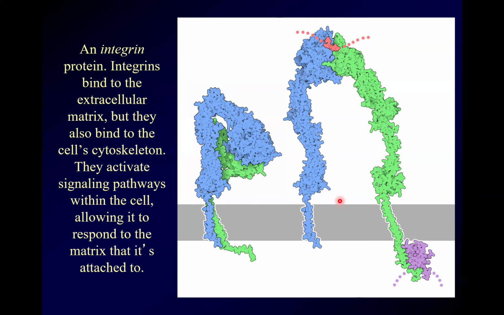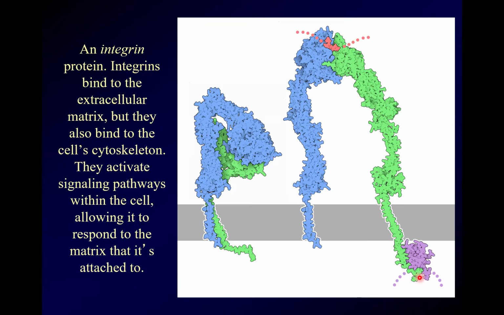And these integrins activate signal pathways within the cell. So this part that's sticking inside will change shape, and it might be attached to the cell's cytoskeleton. And that shape change might cause the cell to start moving in a particular direction. That change might trigger the release of cyclic adenosine monophosphate or something like that.